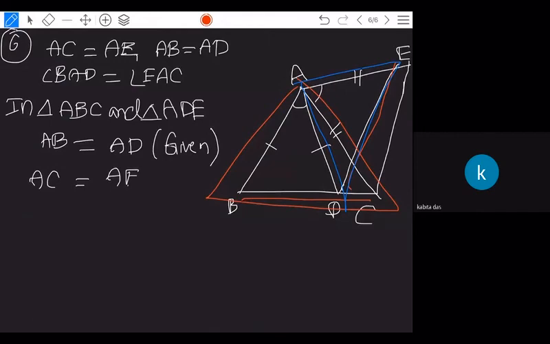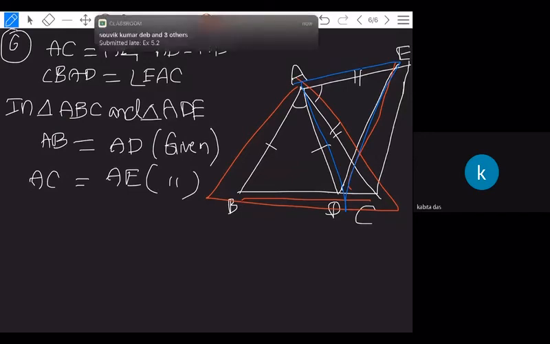And angle BAD you are not supposed to write, because angle BAD is not in triangle ABC; it is not directly there. So what to do here?